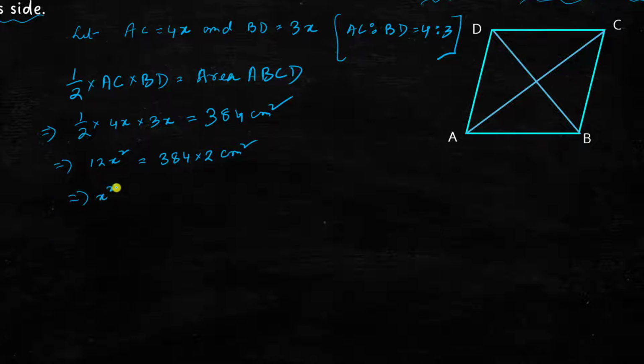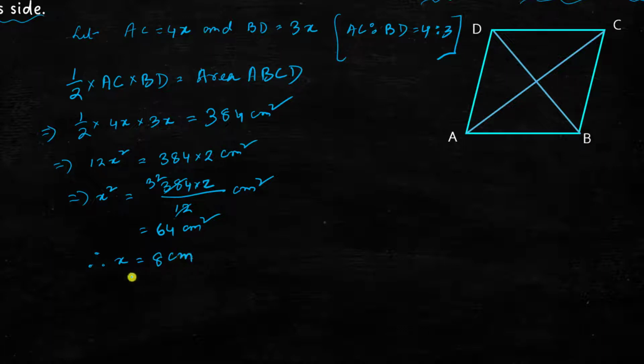Therefore x square is equal to 384 multiplied by 2 divided by 12 centimeter square. So 12 3s are 36 and 12 2s are 24. This is equal to 64 centimeter square. Therefore x is equal to 8 centimeter, square root of 64 centimeter square.